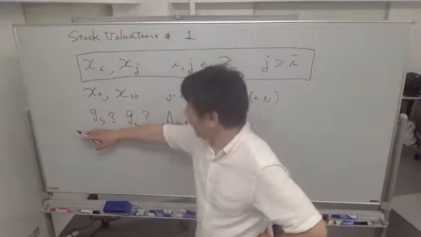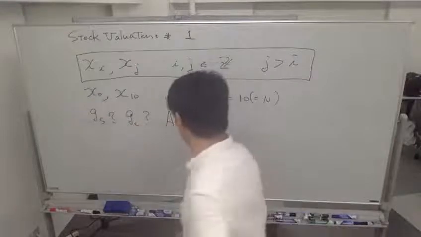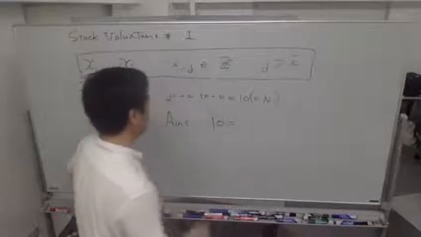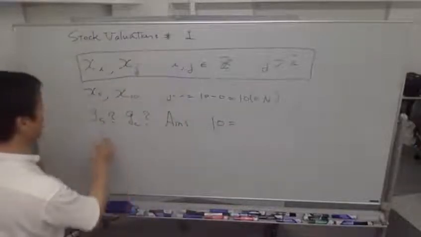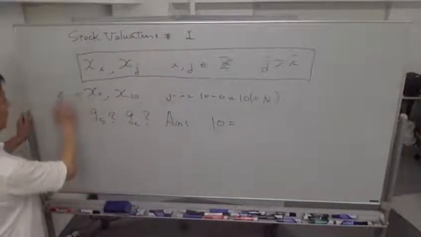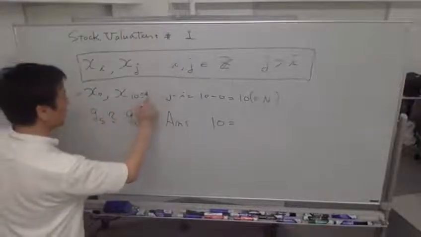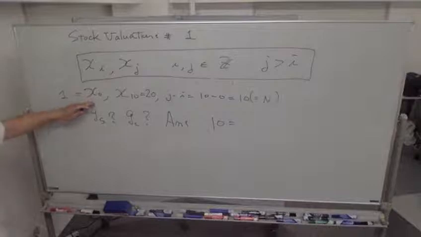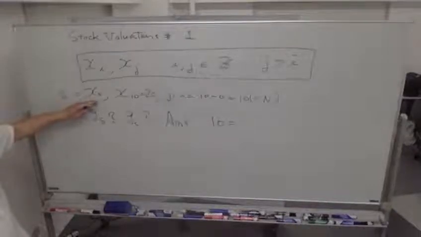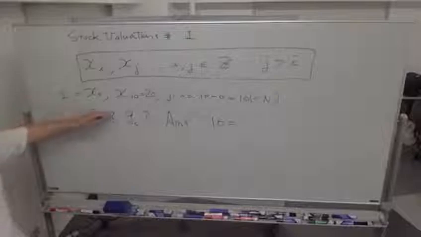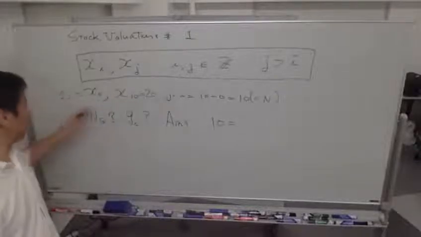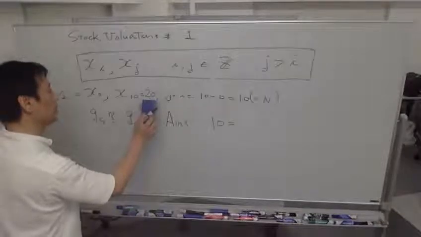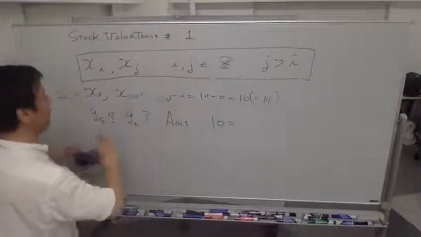I'd like to give you the answers for GS. I'm sorry, I need to give you values first. So here we set x0 equals 1 and x10 equals 20. Okay, too big.